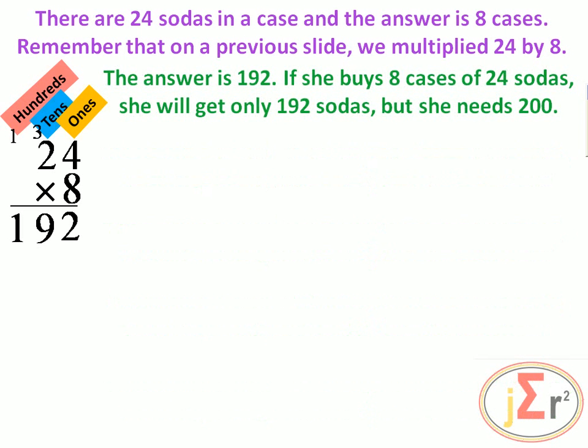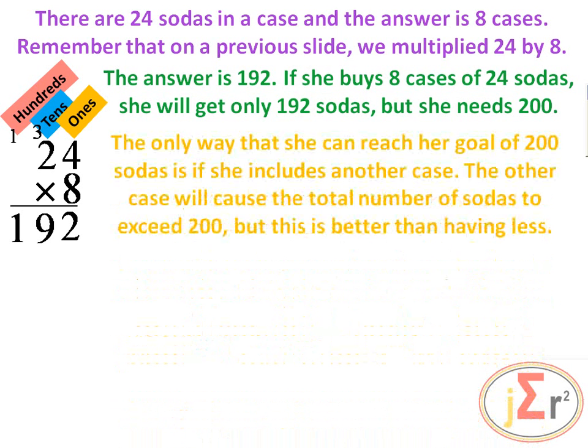The answer is 192 when we multiply. If she buys 8 cases of 24 sodas, she will get only 192 sodas. But she needs 200. The only way that she can reach her goal of 200 sodas is if she includes another case. The other case will cause the total number of sodas to exceed 200. But this is better than having less.